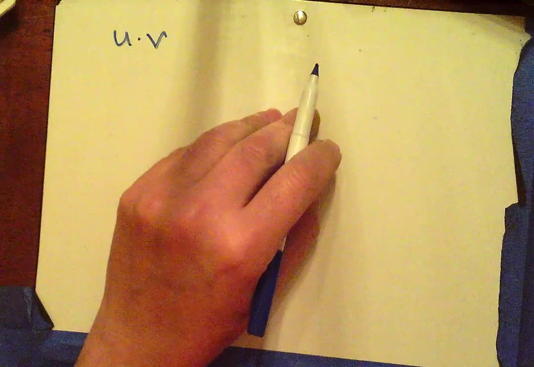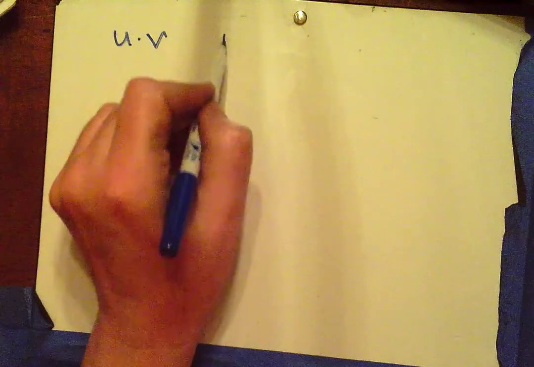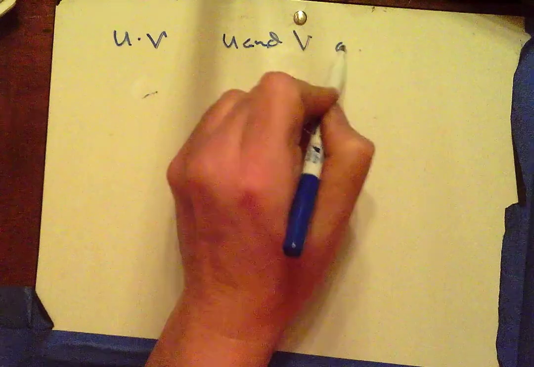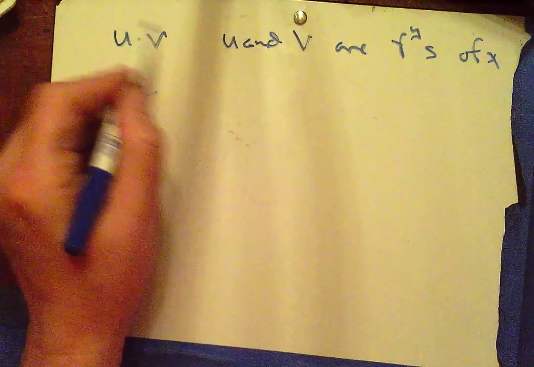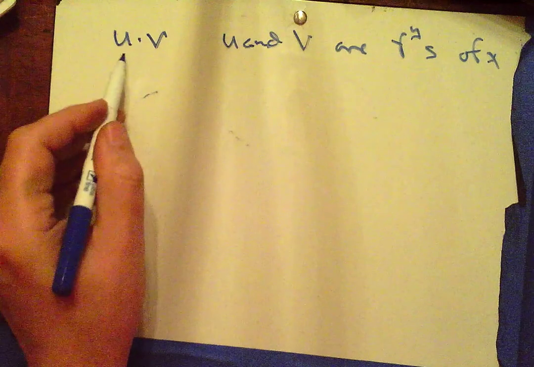Okay, so let's go through this gently and carefully. If I have u times v, and u and v are both functions of x, and I take the derivative of this, it's a product, so I'm going to use the product rule.